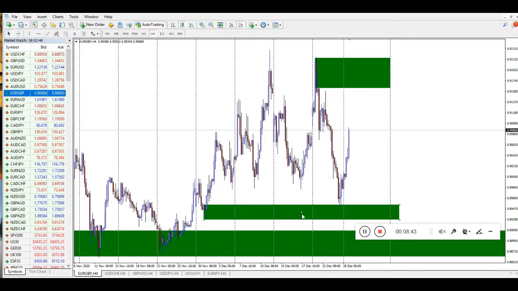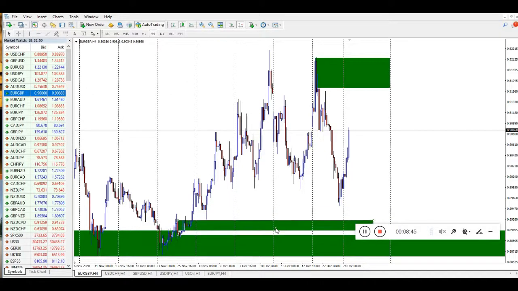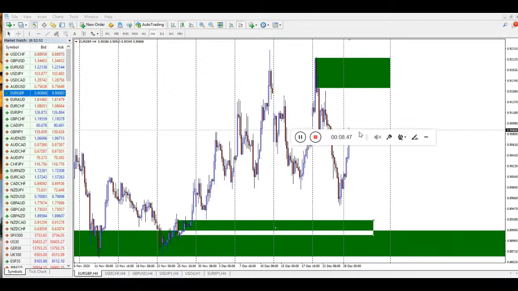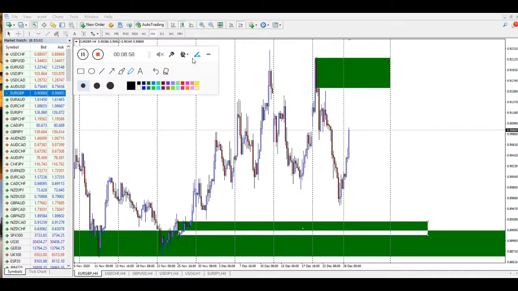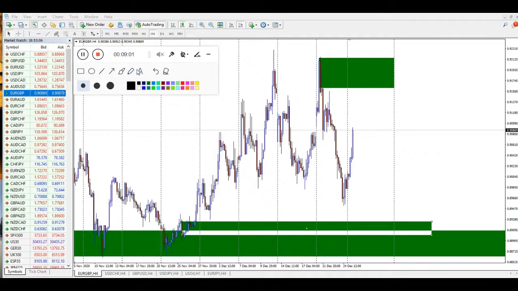This one is a tested area of demand, but if we go lower, I believe we can find our untested area of demand. Actually, it's tested by this wick. If you notice, this wick is the one that came and tested this 4 hour demand zone.